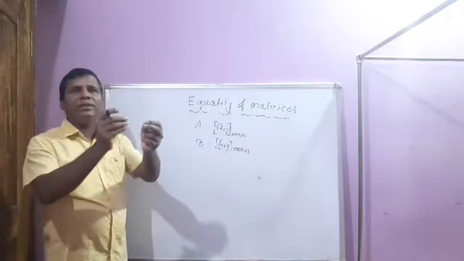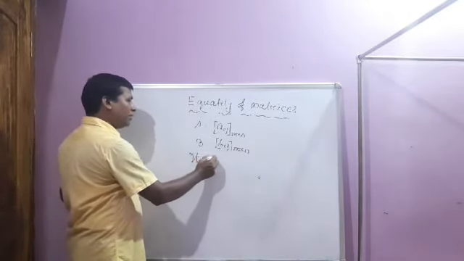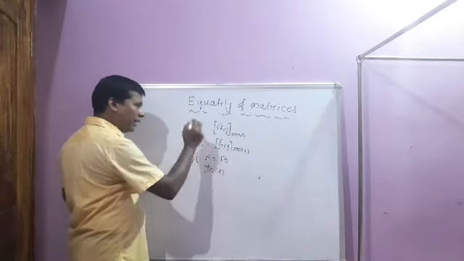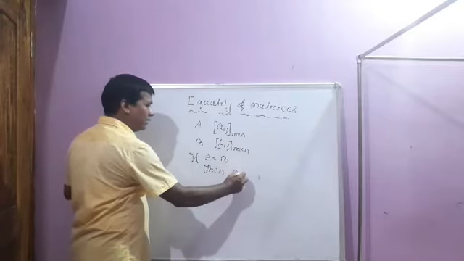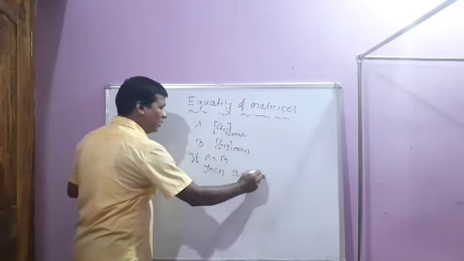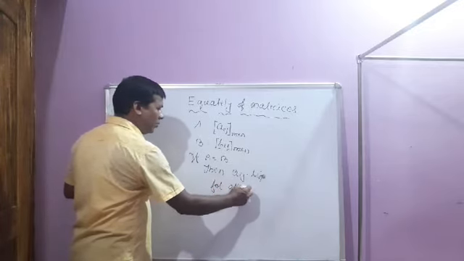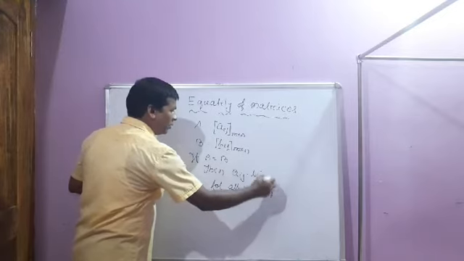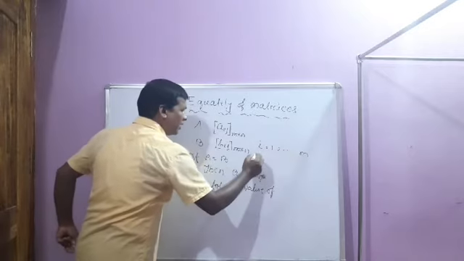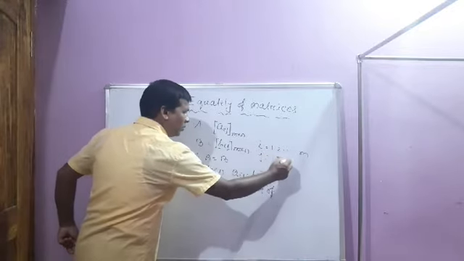Suppose matrix A is equal to matrix B. If A is equal to B, then always remember Aij is equal to Bij for all values of i equal to 1, 2, up to m, and j equal to 1, 2, up to n.